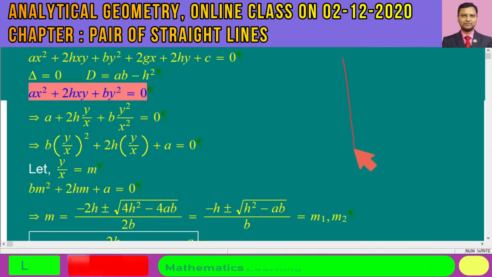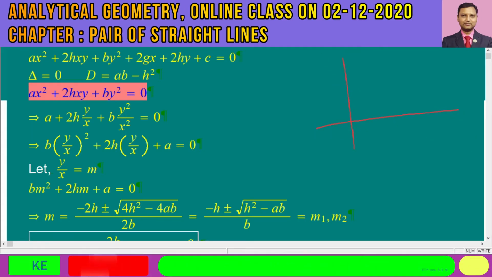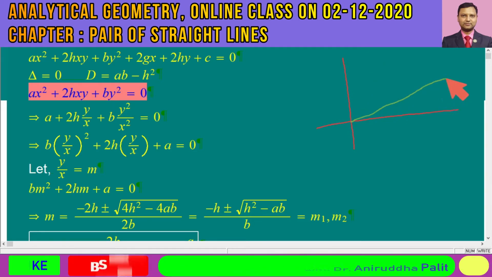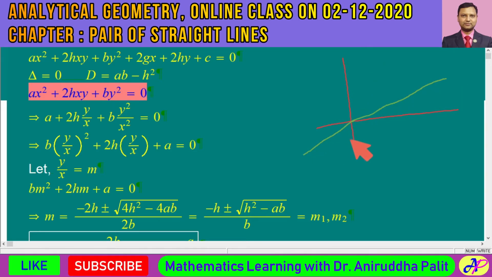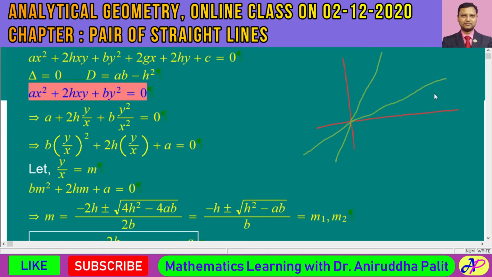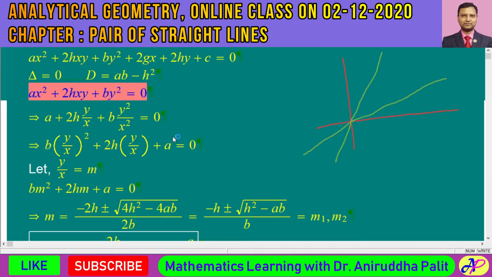Say these are the two axes, and suppose this is one straight line and this is the second straight line. We are going to show that this kind of expression always represents these two straight lines passing through the origin. How to show this result?